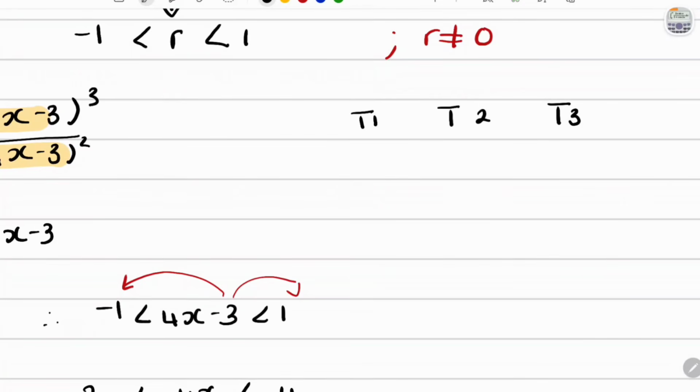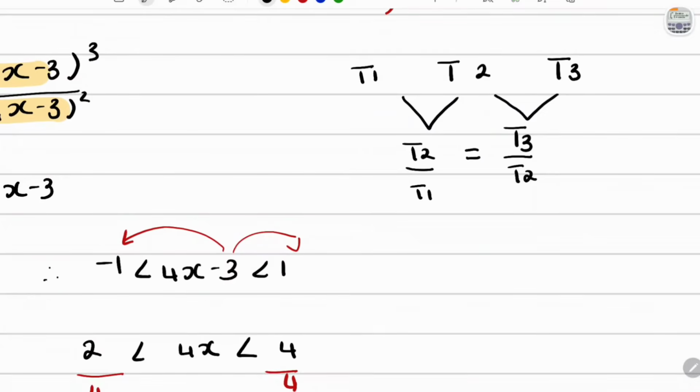Let's say we had 3 terms in a geometric pattern: term 1, term 2, and term 3. If it is geometric, you have to find the ratio. So we'll say term 3 divided by term 2, and if it really is the ratio, it should be constant. So this should be exactly equal to term 2 divided by term 1.